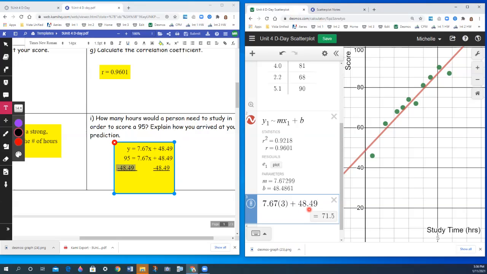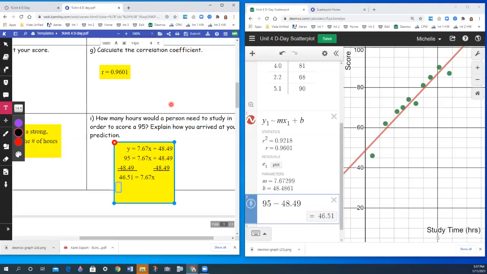Let me get my Desmos. So 95 minus 48.49 is 46.51. So 46.51 is equal to 7.67x. Then we're going to divide both sides by 7.67. I'm going to come up here to the f of x, that way I can do fractions easier.